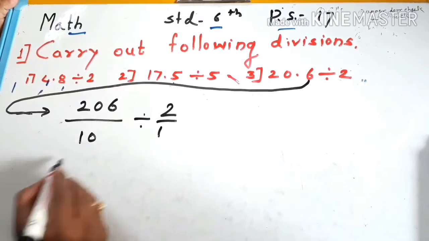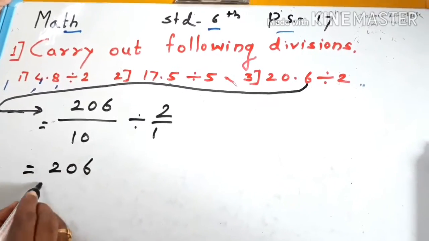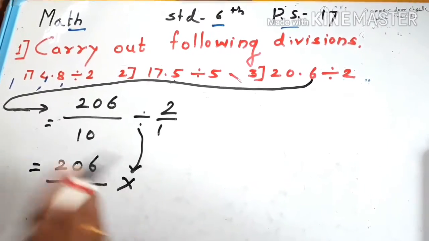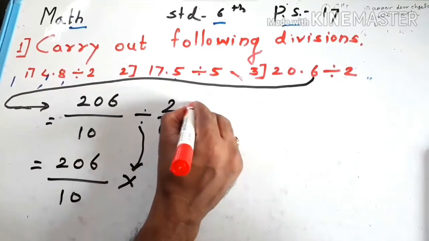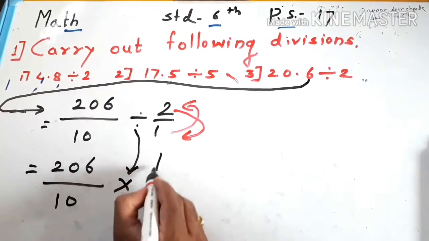So here again, by 10, this sign is changed into multiplied by, but this goes upward and this comes downward. So it is 1 by 2 again.